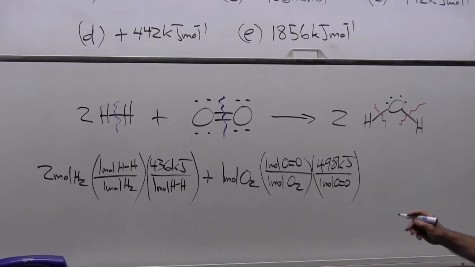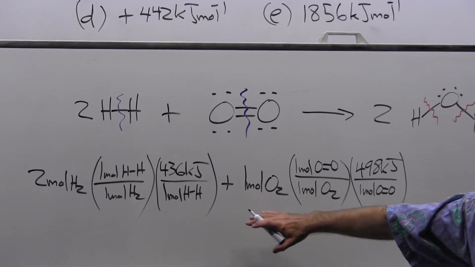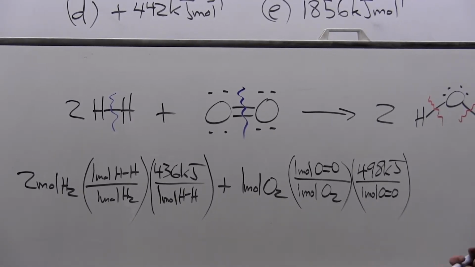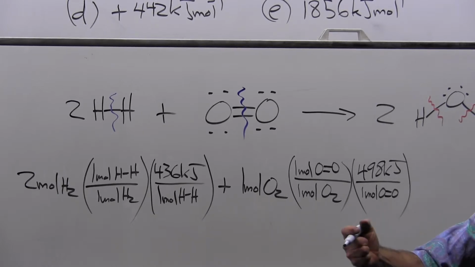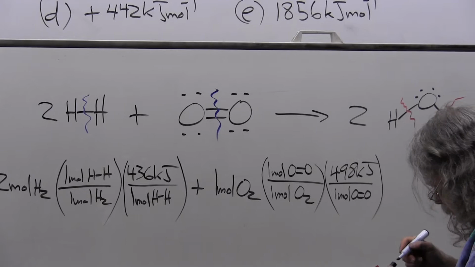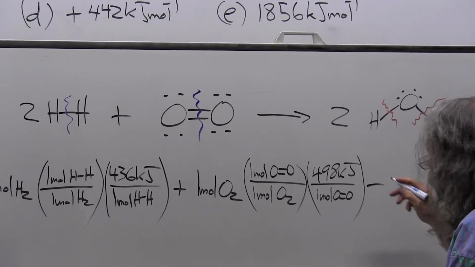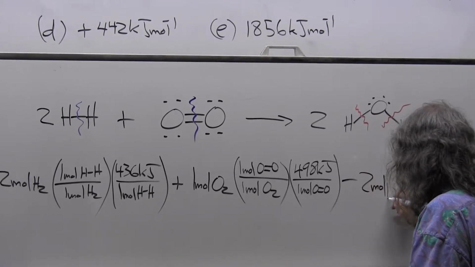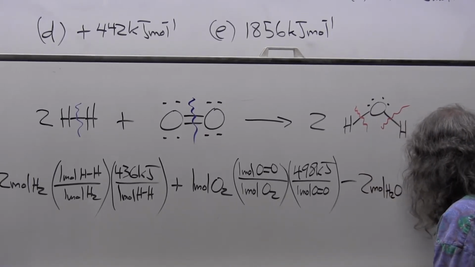So that part is positive because this is bond dissociation. I'm going to break these apart. How much work do I have to perform to pull these apart and break the bond? Minus, now I have 2 moles of water, H2O.